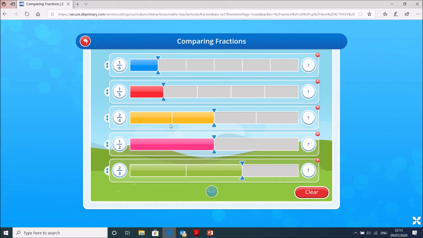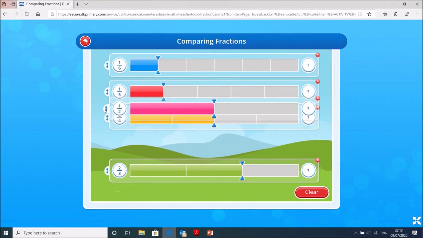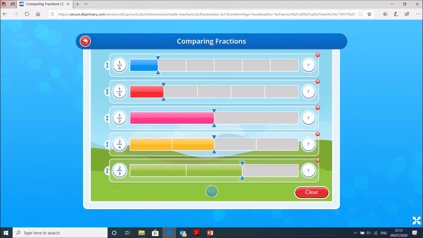Oh, look at that. 2 quarters is the same as 1/2. They are equivalent fractions. Now, move this up. Let's have a look at fifths. 2/5 is too small. 3/5 is too large. So I cannot find an equivalent fraction with a denominator of 5 for 1/2.